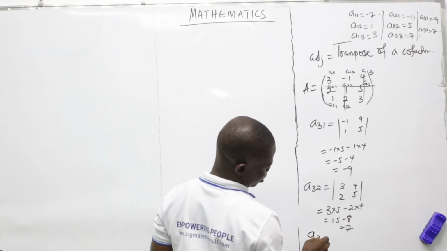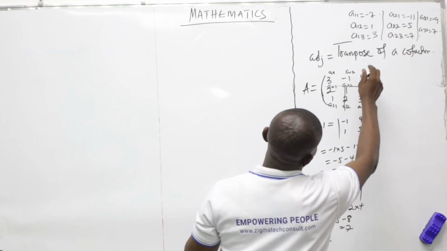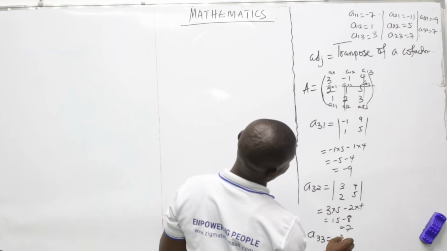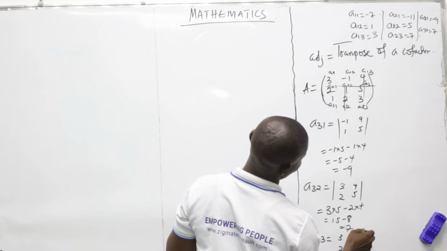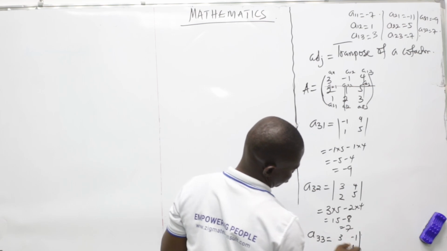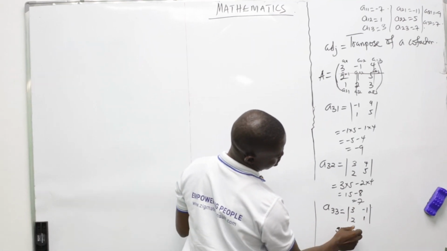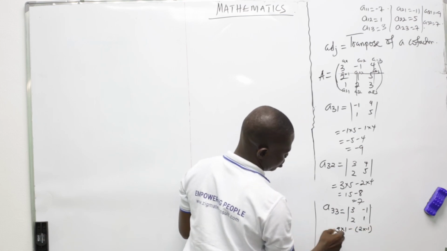Then A33 equals the determinant 3, 2, minus 1, 1. 3 times 1 minus bracket 2 times minus 1.